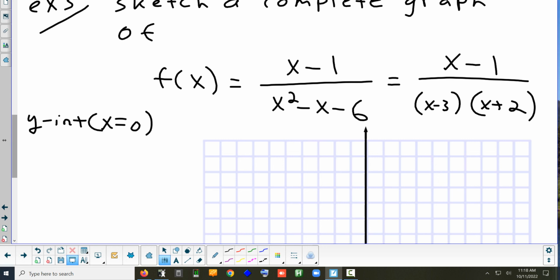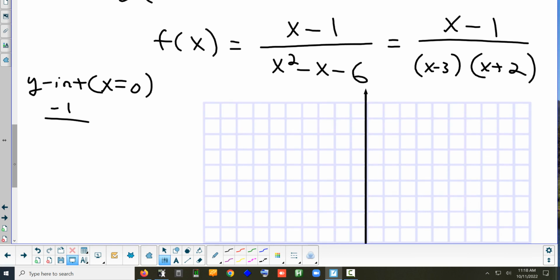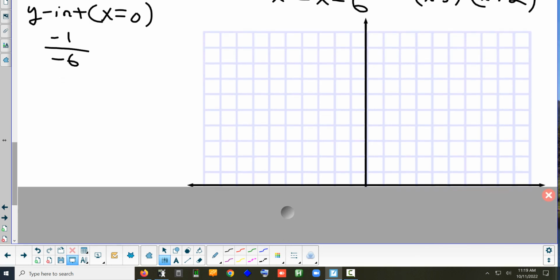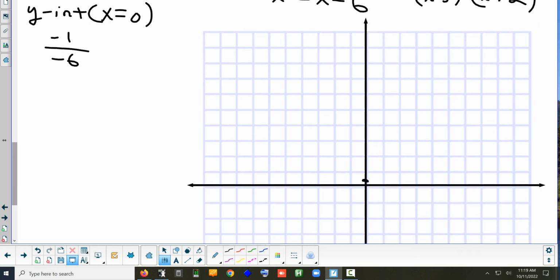What do you get in the numerator if you plug in 0? And in the denominator? -6. Okay, so the y-intercept is at -1/6. So it's going to cross the y-axis right about there. It's not enough information to graph it, but at least it's 1 point. We need more.